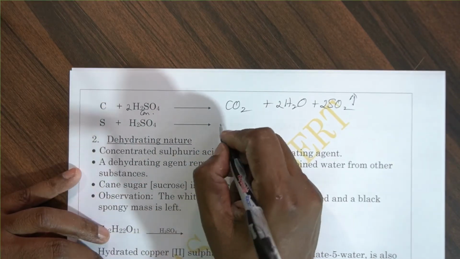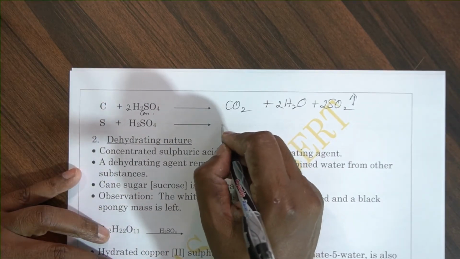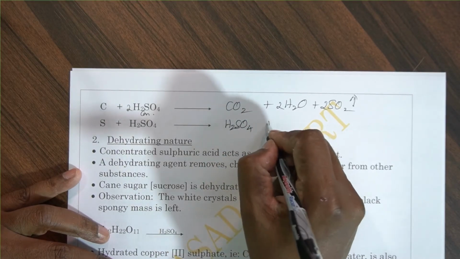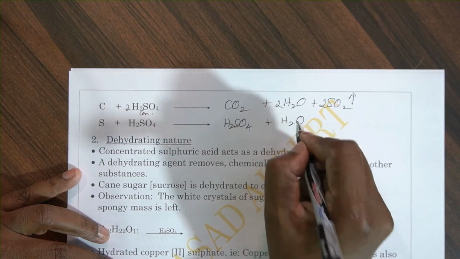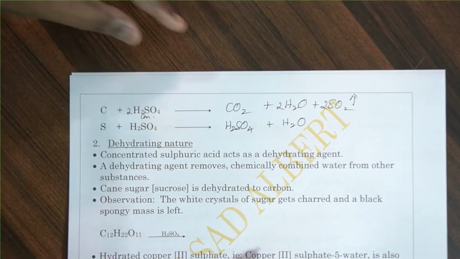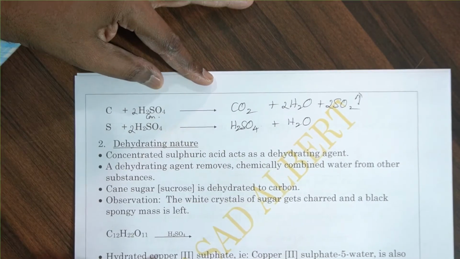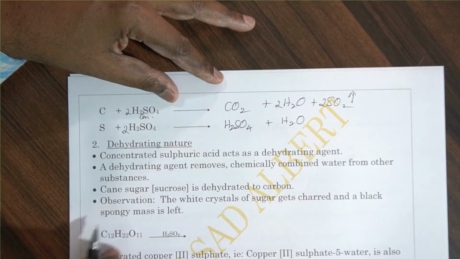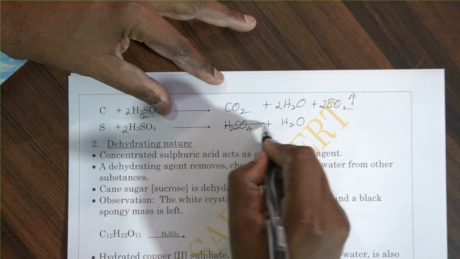Sulfur is oxidized to sulfuric acid. Okay, so you get H2SO4 plus H2O. So sulfur plus 2H2SO4 will give you... no, sulfur dioxide is formed.